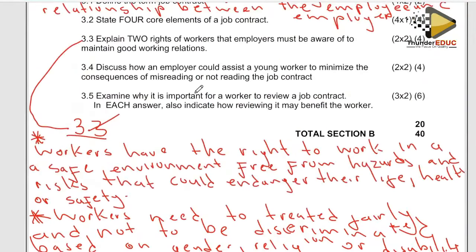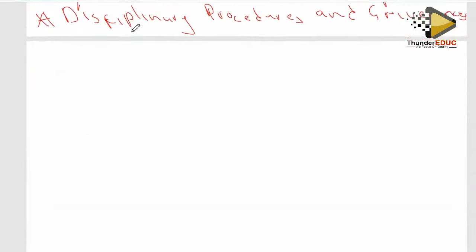Now, 3.5, examine why it is important for a worker to review a job contract. In each answer also indicate how reviewing it may benefit the worker. So in this case, we need to provide detailed explanations. So I'm going to go to the whiteboard again.